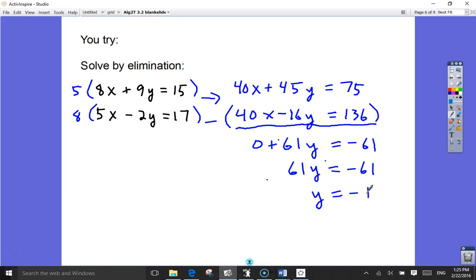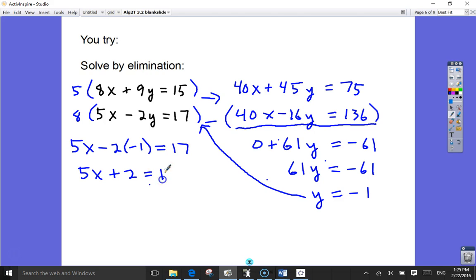So y is negative 1, and then I'll take this and plug it in here. So the solution is the point 3, negative 1.